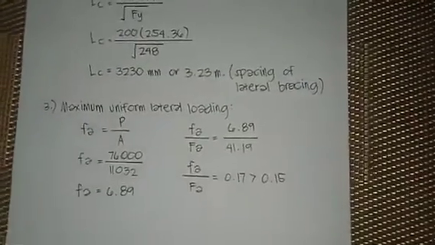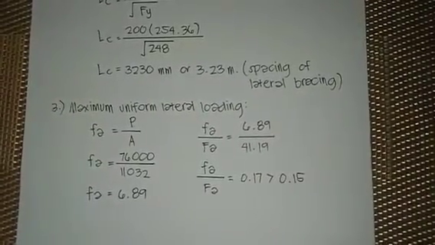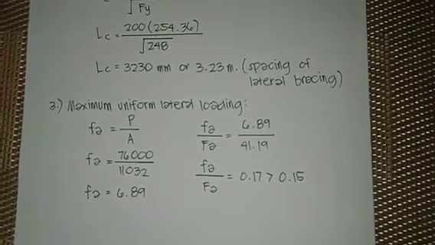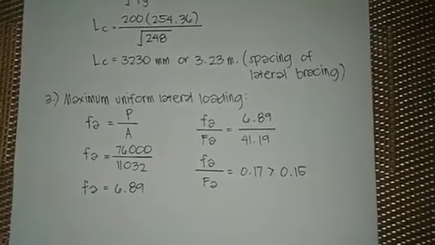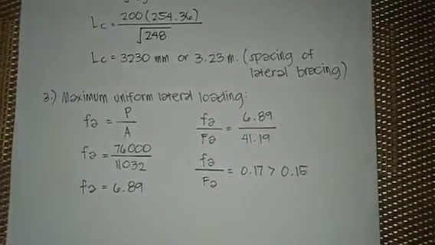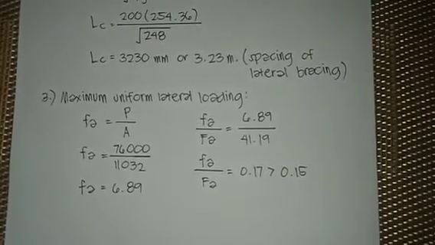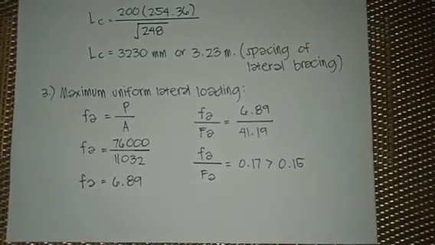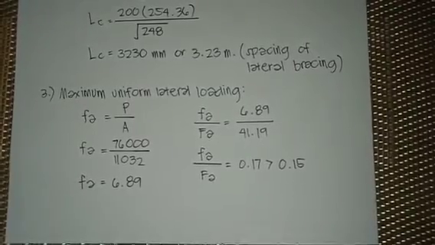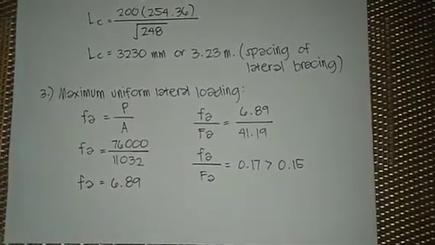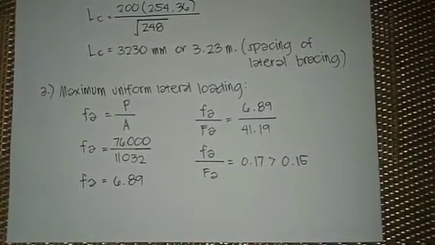So, next, the third thing to find is the maximum uniform lateral loading. The axial stress fa is equal to P over A. Substituting P and A: 76,000 over 11,032, our fa is equal to 6.89.